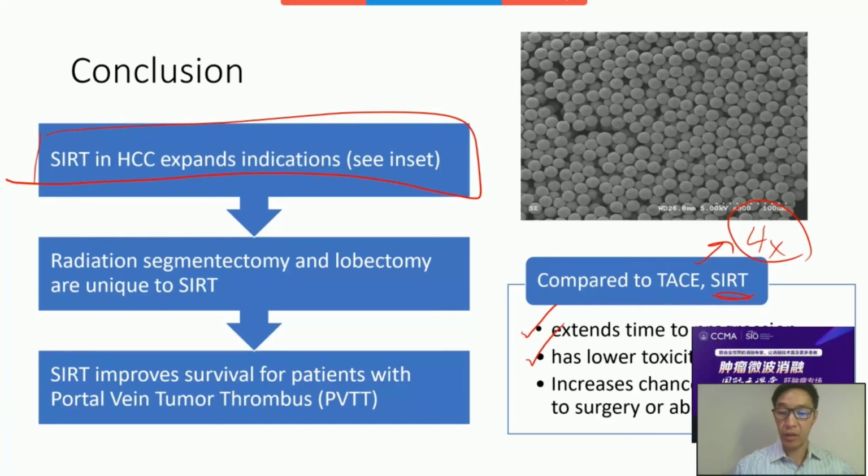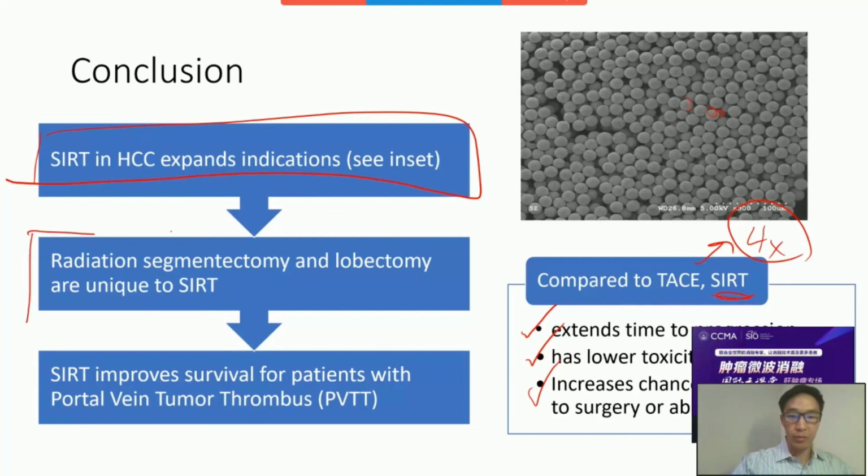SIRT has significantly lower toxicity, so we also offer this to patients that are older or have comorbid conditions that may complicate their treatment. SIRT, because of the way it works, penetrating into the tumor, being very, very small, increases the chances to surgery or ablation or transplantation.